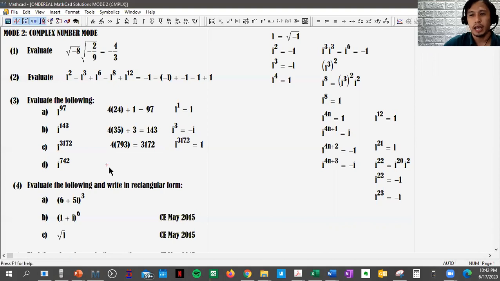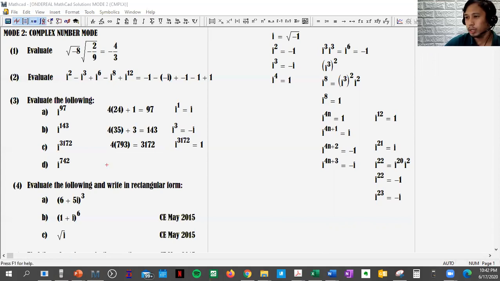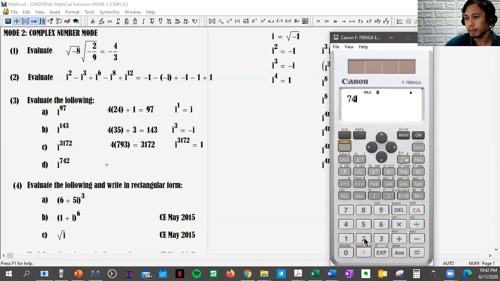Okay ba? And for 742 divided by 4, so its result is equal to what? 317 over 2, or in mixed fraction, that is 185 and 1/2, or 2/4. No, 185 over 2, 185 and 2 over 4.